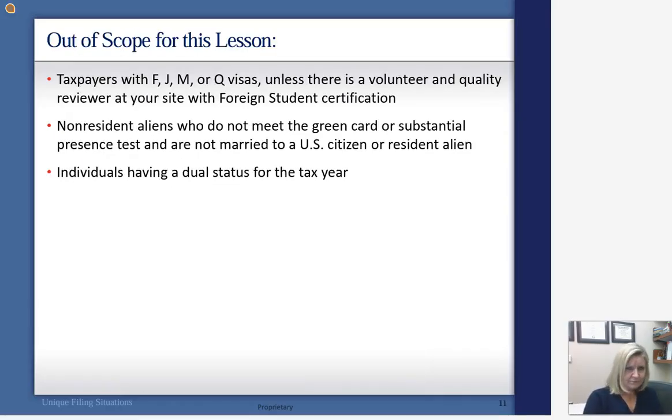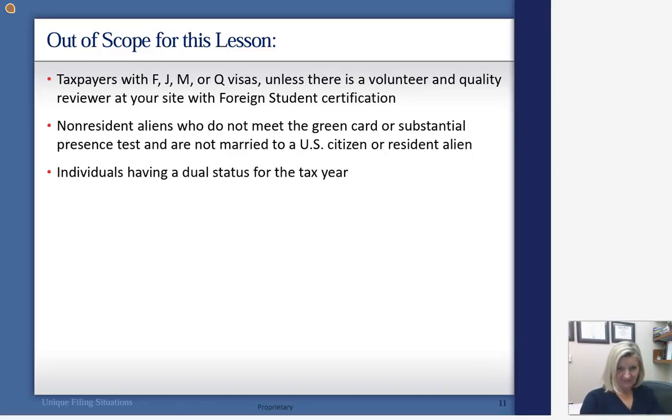So out of scope for this lesson, taxpayers with F, J, M, or Q visas, unless there is someone who is foreign student certified. We at the Jardine Business Building are all certified as foreign student, but we're generally only dealing with F and J visas here.